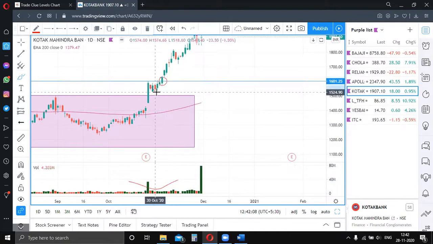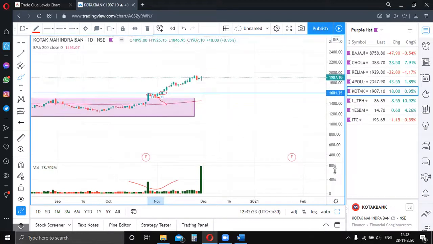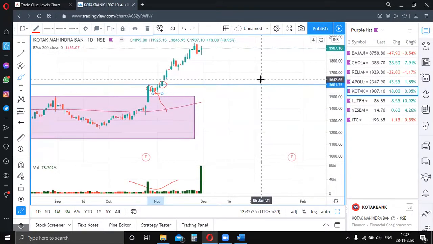If not, then chances are good that price will again go back in that zone. These are the false breakouts that we are trading. Wait for a follow-up. If there is a follow-up, you can keep your SL just below that retracement zone and see a very good move happen.